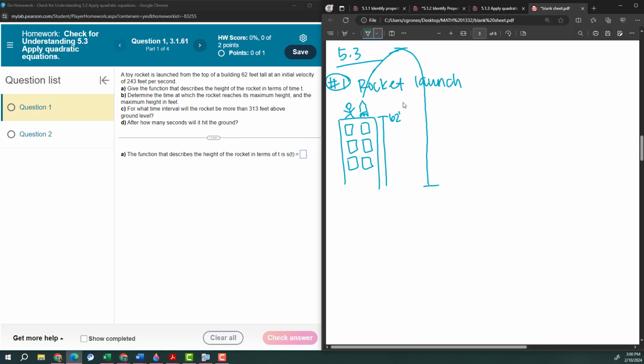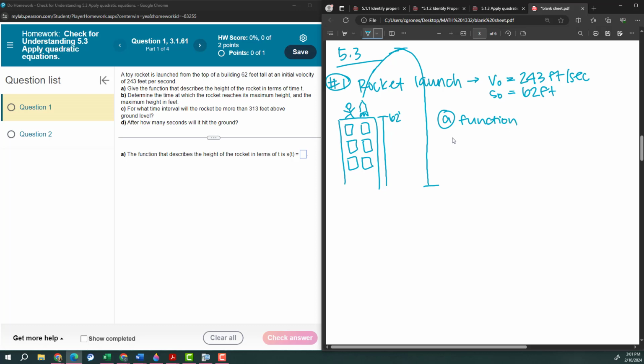And our initial velocity is 243 feet per second. And then our initial height that we are starting at is 62 feet. So part A is the function.